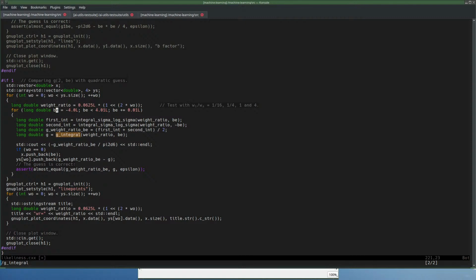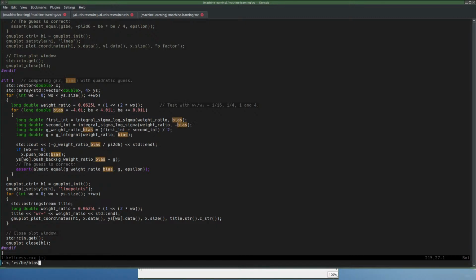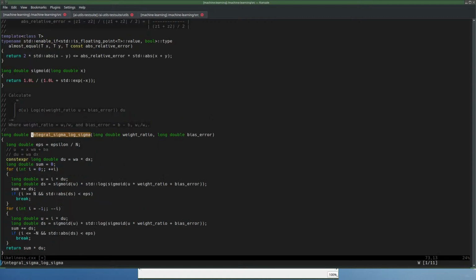Let me rename BE to a bias error. So it's defined by what this thing is doing. And then it's just the offset that we pass through the sigmoid function. So you have u times the weight ratio plus whatever the bias error is.